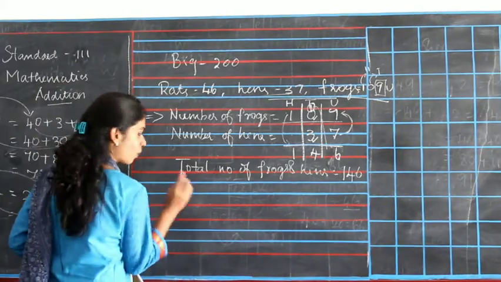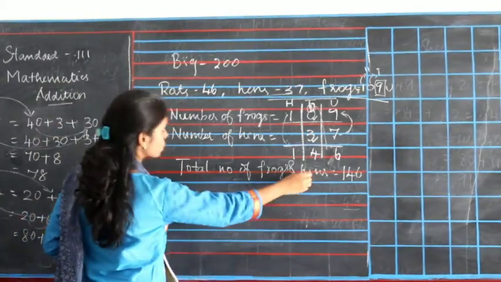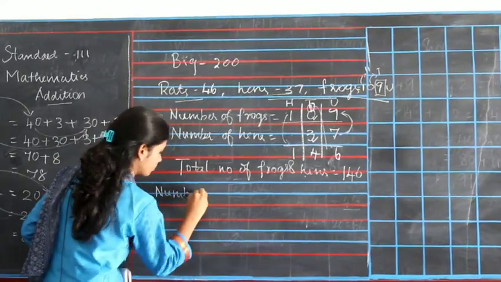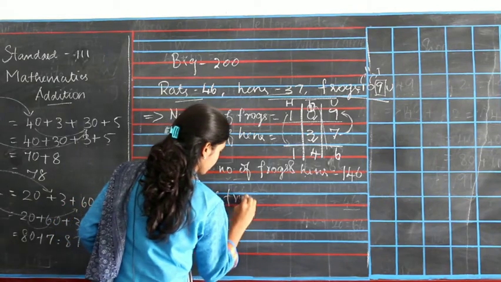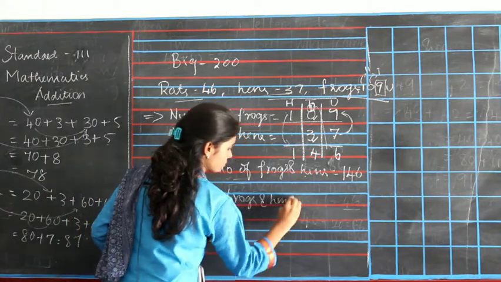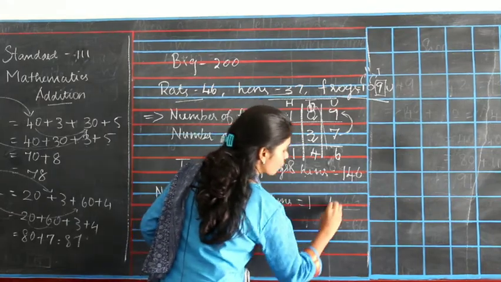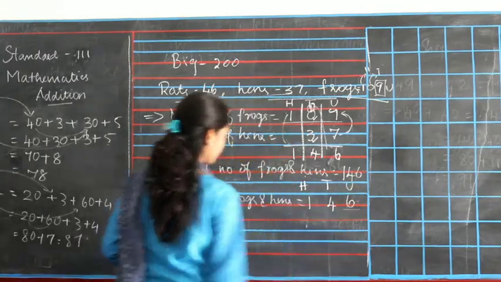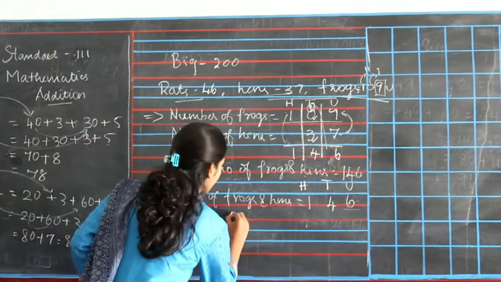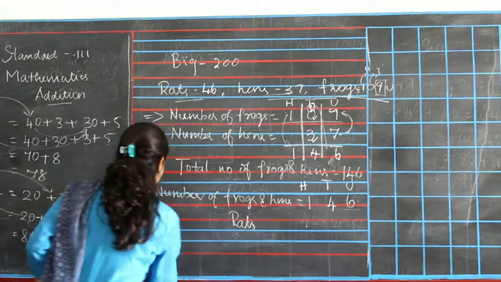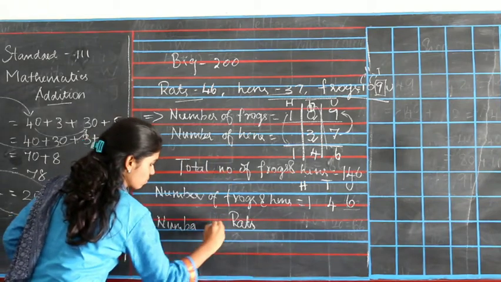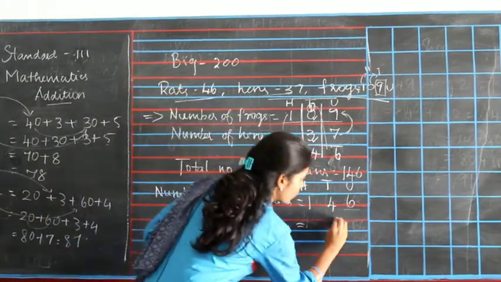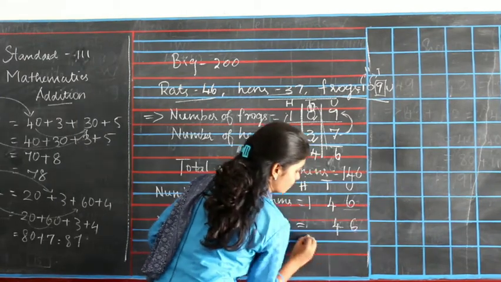Now we are going to add the total number of frogs and hens, 146, with the number of rats. In the same way, hundreds, tens and units. The number of rats will be 46. 40 is the tens, and then 6.